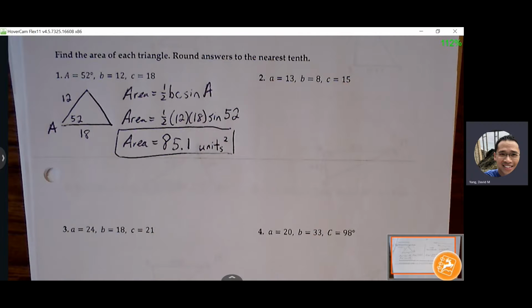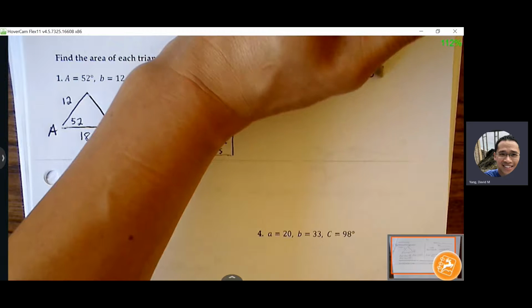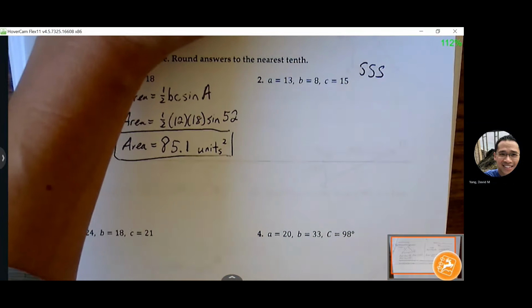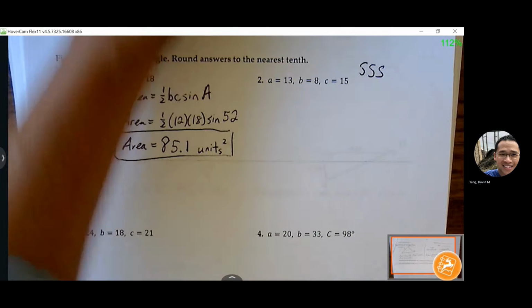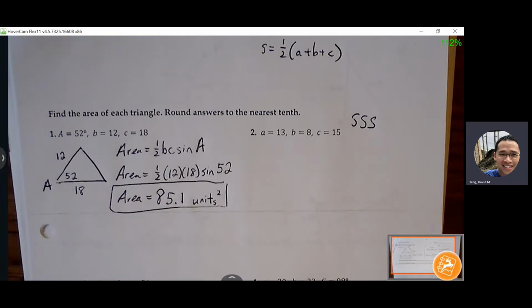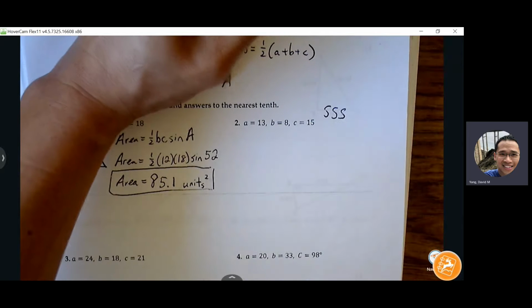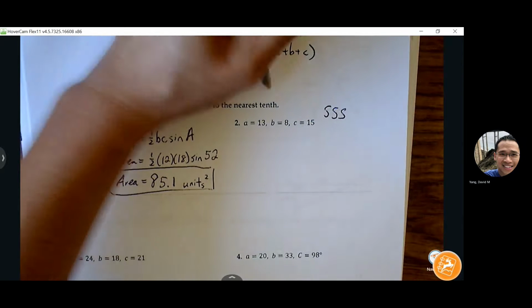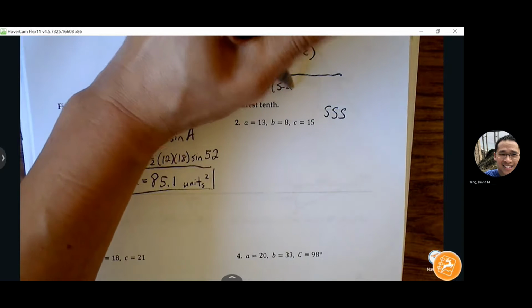Okay, so number 2, even without drawing the triangle, we know this is a what? Side, side, side. So we can just rely on the formula that we have. I'll write it. It's a 2-step process. Find the semi-perimeter. And then once you have that, then you can dump it into the formula.